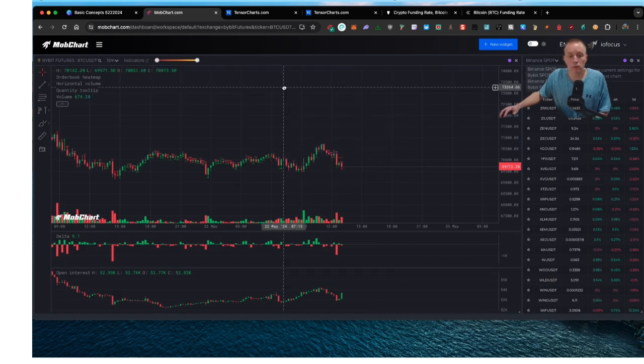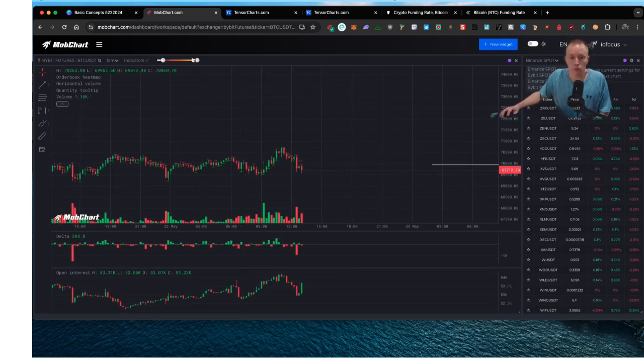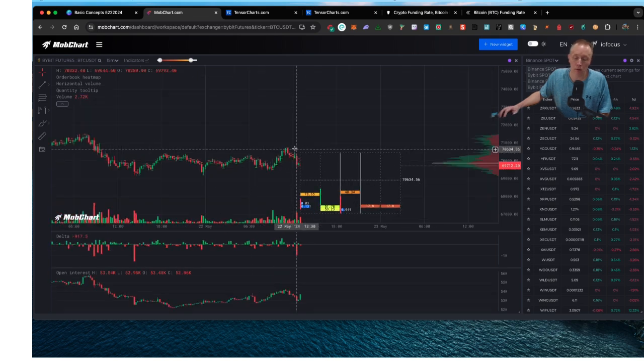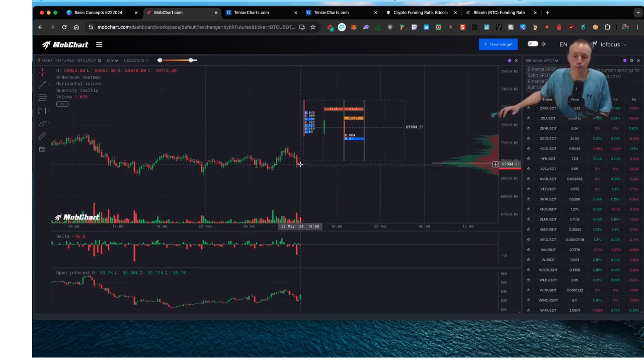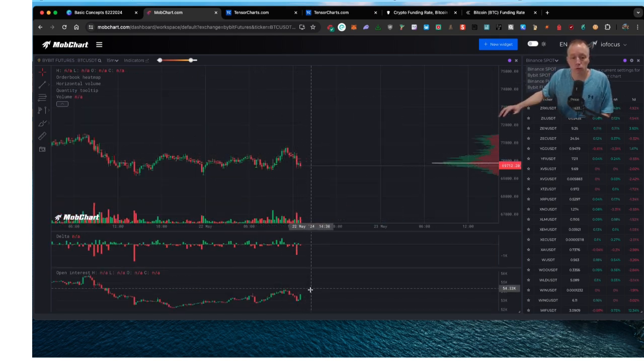But what I like about this is that you have the ability to use heat maps and look at liquidity and also open interest. So you can really look at order books. You see now that we have the spike. I'm only on a 15-minute chart, but we have the spike here in open interest, right?